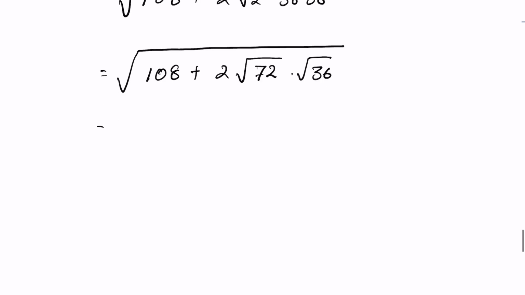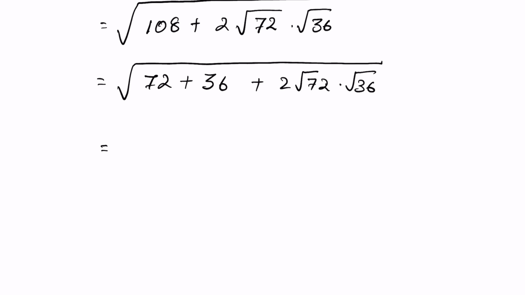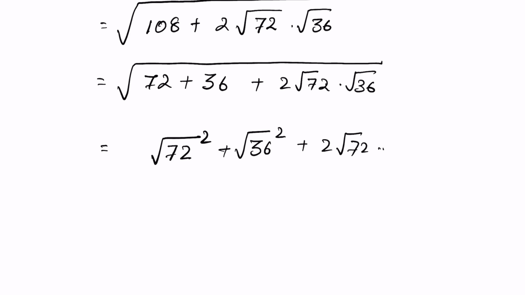Now 108 we can write as 72 plus 36 plus 2 times square root of 72 times square root of 36 under square root. Now 72 we can write as 72 under square root square plus 36 as 36 under square root square plus 2 times square root of 72 times square root of 36 under square root.